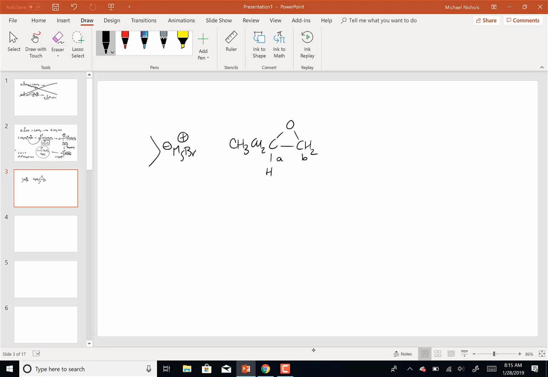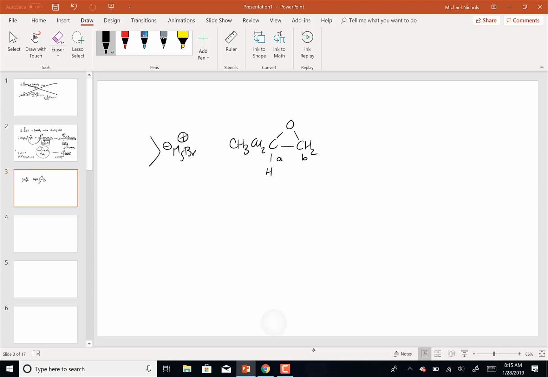Carbon B. Why? It's least sterically hindered. SN2. So the Grignard is going to add to the least sterically hindered carbon in both of those cases.